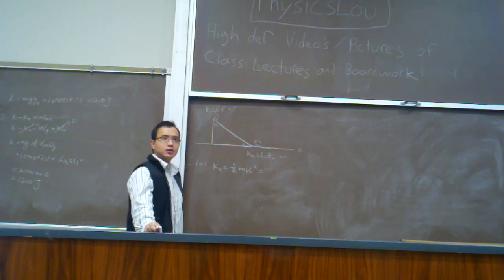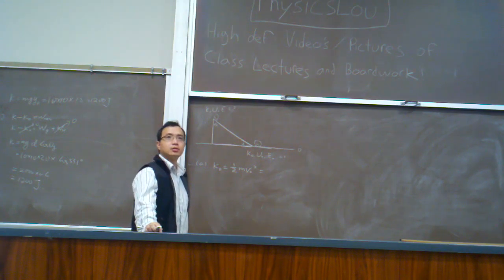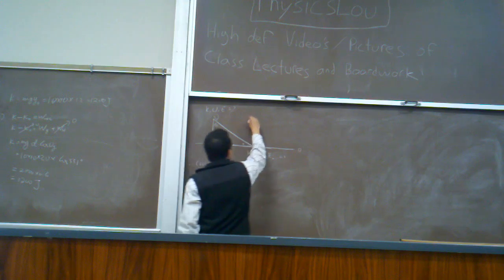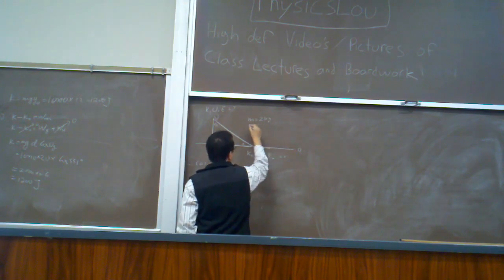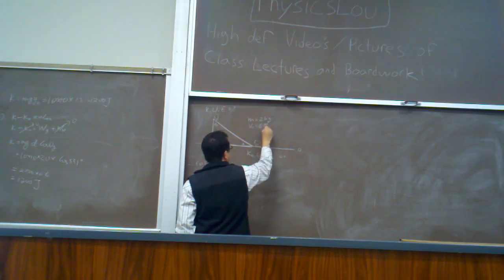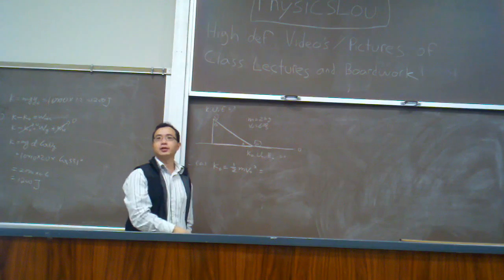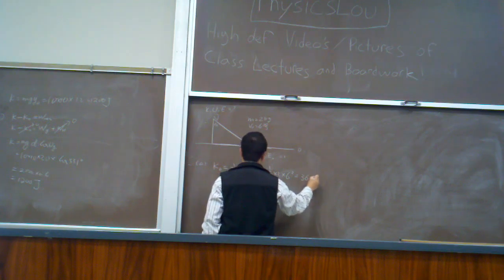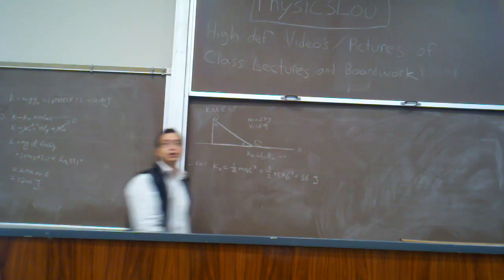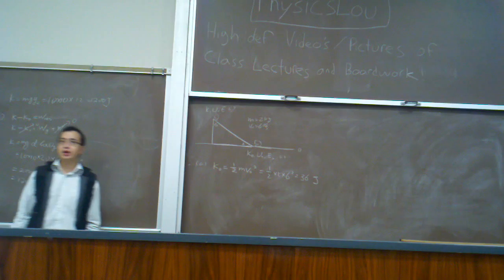Do we know the mass and the initial velocity? Yes, the mass equals 2 and the initial velocity is 6 meters per second. So you can calculate directly: 1/2 times 2 times 6 squared is 36 joules.